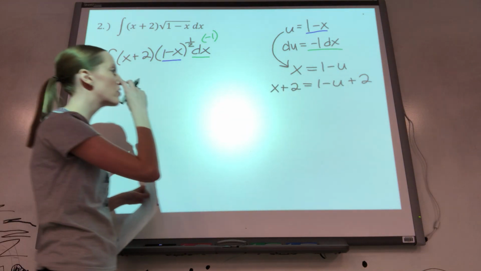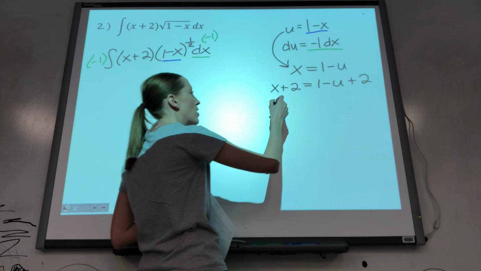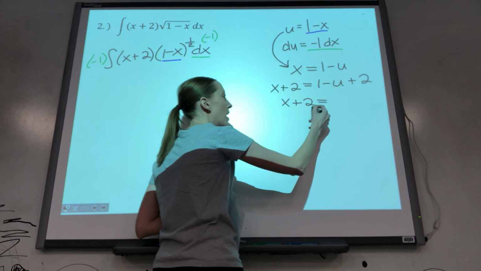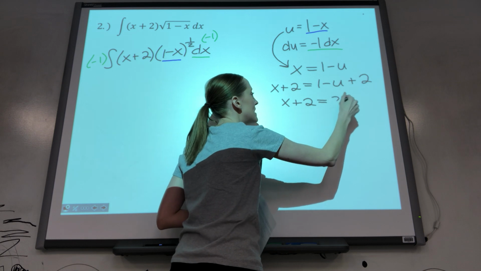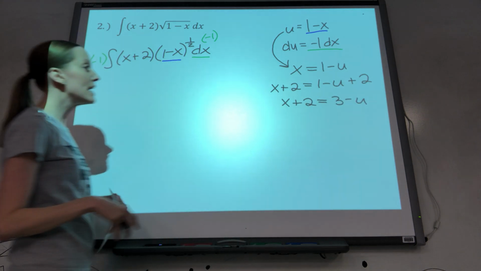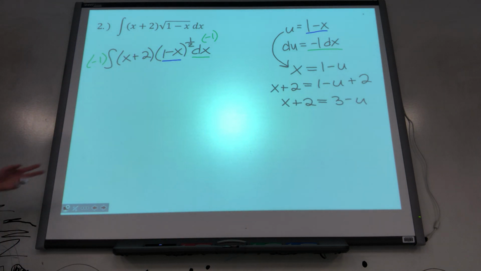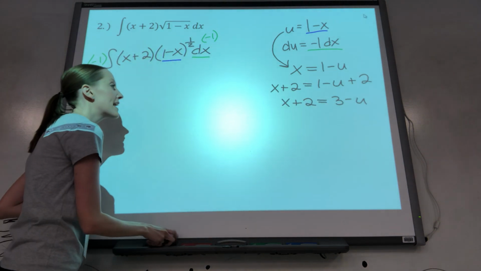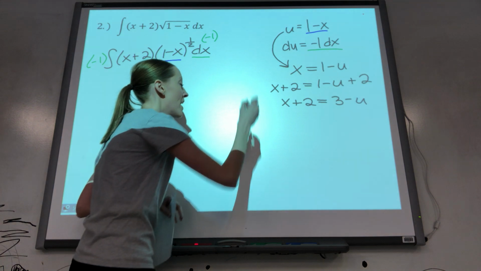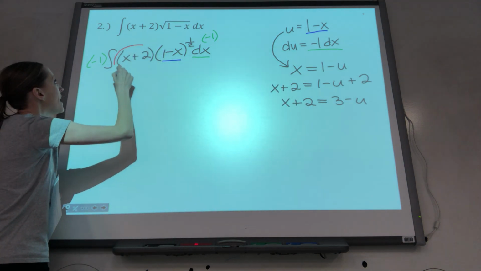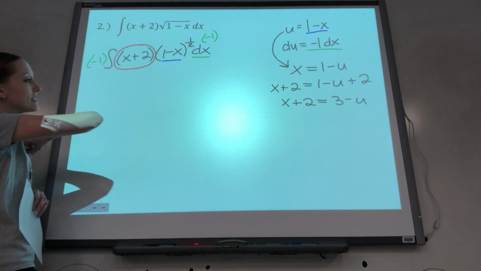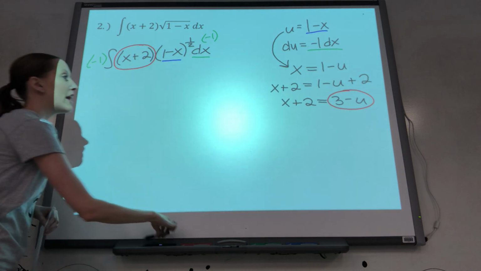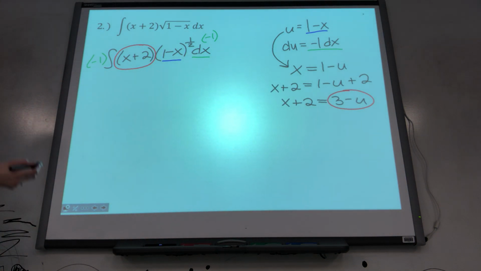I'm keeping everything equal since I'm doing it to both sides. And so that x plus 2 actually ends up being 3 minus u. Once I take the 1 plus 2 right there, I get 3 minus u. So instead of x plus 2, I'm going to replace it with 3 minus u.